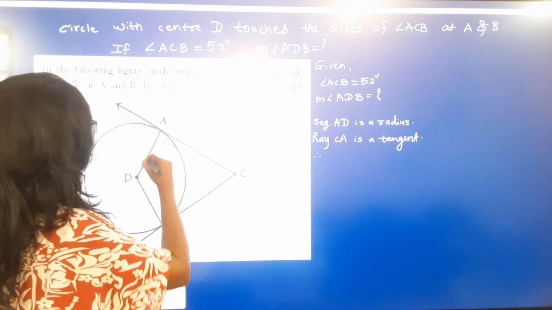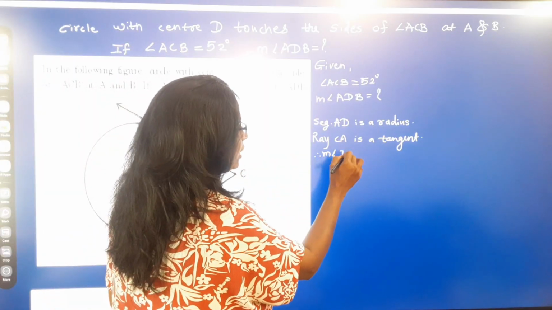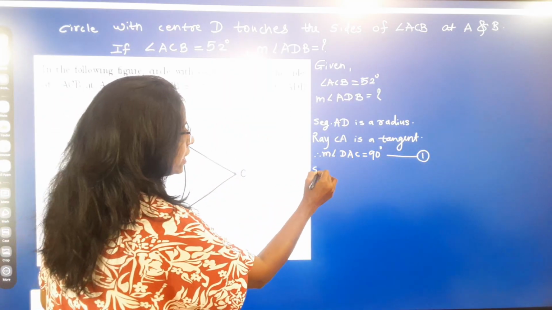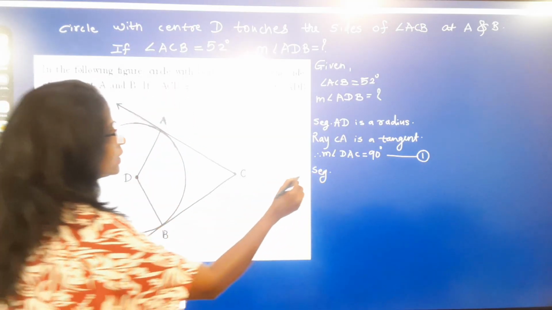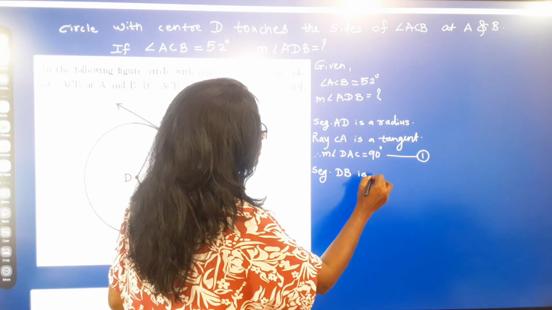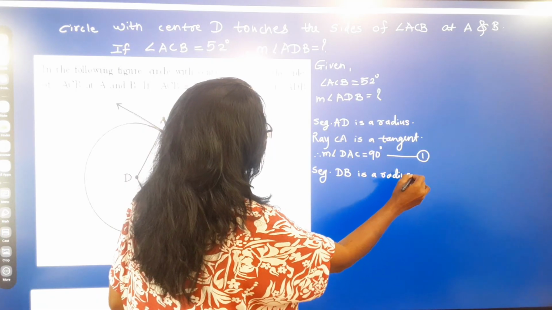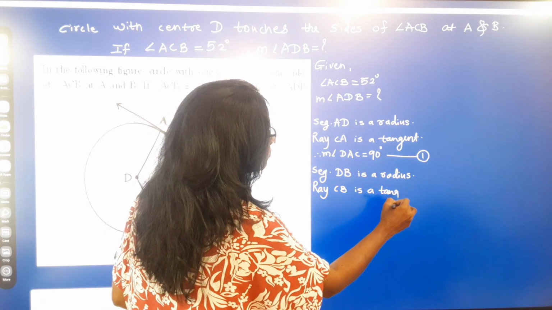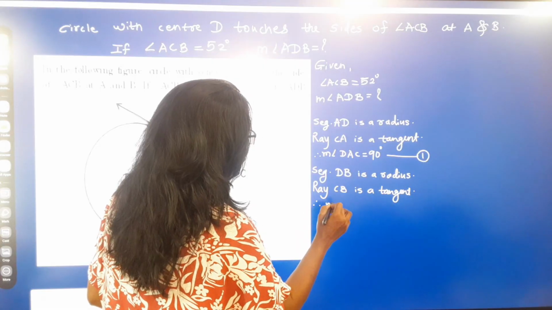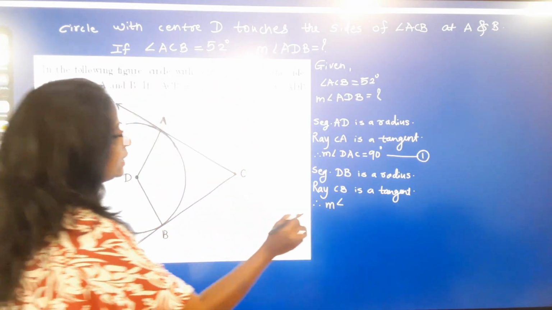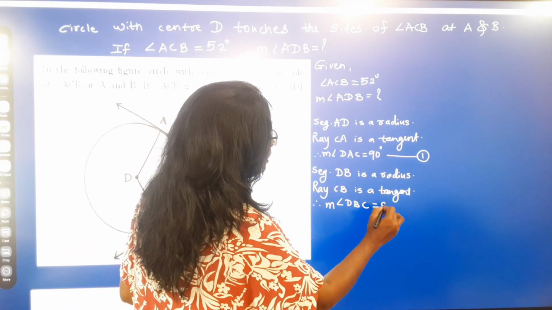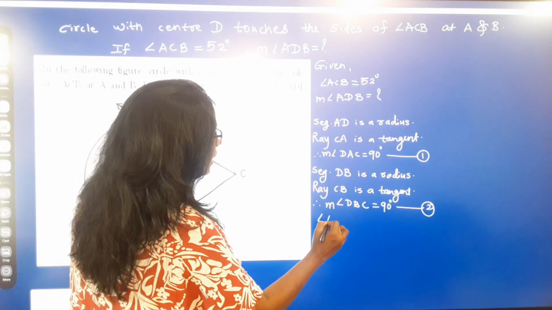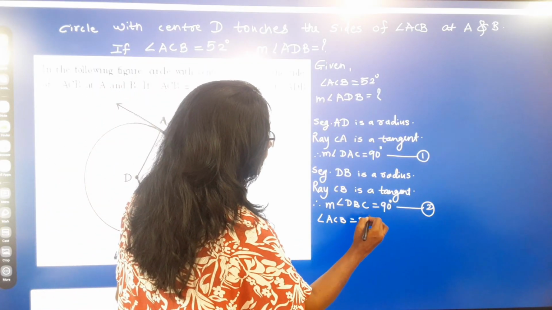Therefore, angle DAC is equal to 90 degree. Call it the first one. Second part: segment DB is a radius, ray CB is a tangent. Therefore, angle DBC is equal to 90 degree. Call it the second one. And the third one, that is given: angle ACB is equal to 52 degree.